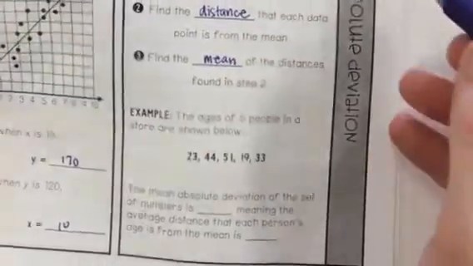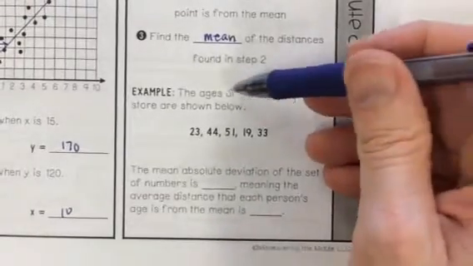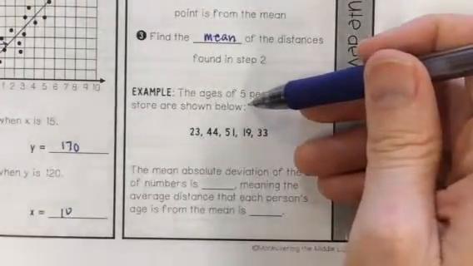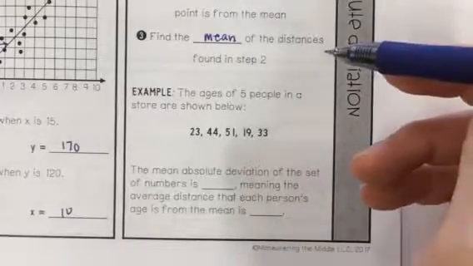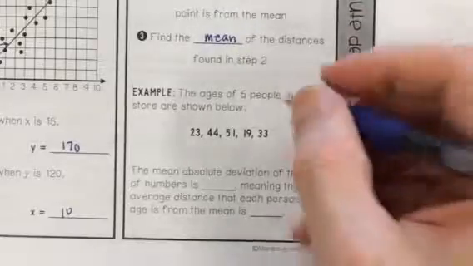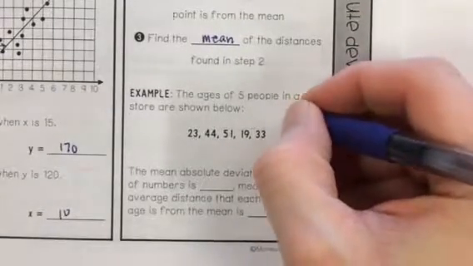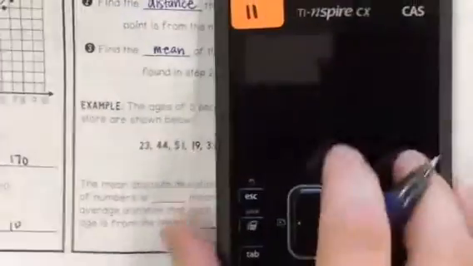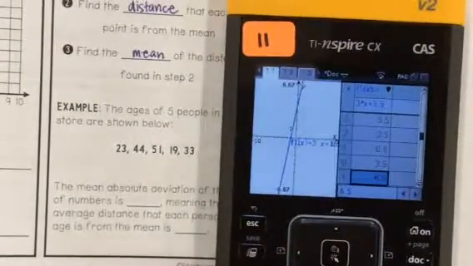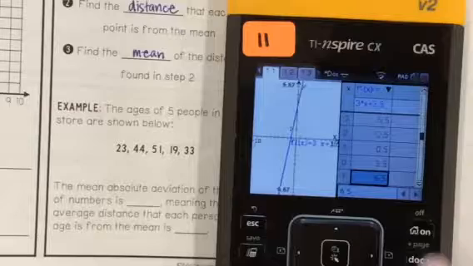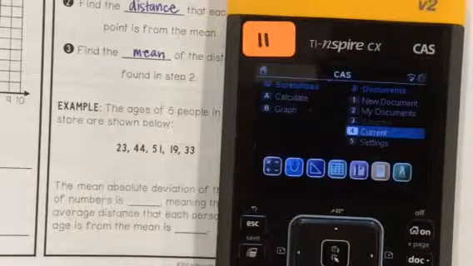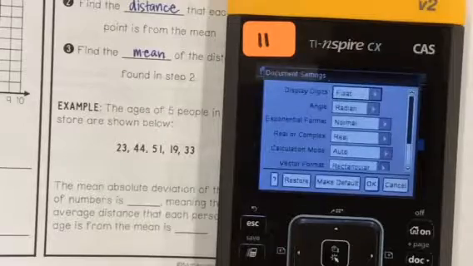So, for example, it says the ages of 5 people in a store are shown below. What's the mean absolute deviation? Well, our first step would be to find the mean. So I'll show you with a calculator over here.